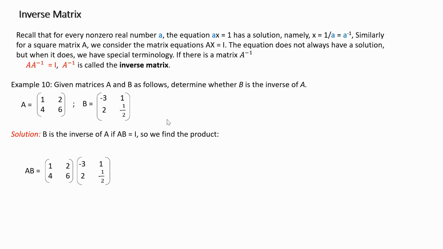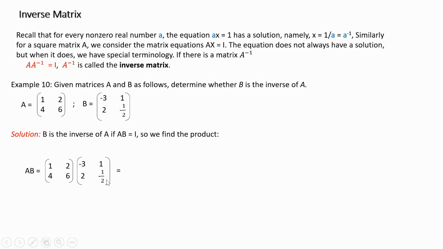Okay, let me show you an example so the definition will make more sense. So example number 10. It says given matrix A and matrix B as follows, determine whether B is an inverse of A. So we're going to multiply A times B. And if the solution equals the identity, which will be 1, 0, 0, 1, then it is the inverse.